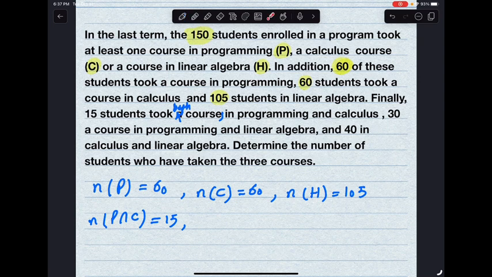The next part is 30 students, linear algebra and programming. So it is N of P intersection H is 30. And the last one, N of C and H, that means calculus and linear algebra, is 40.